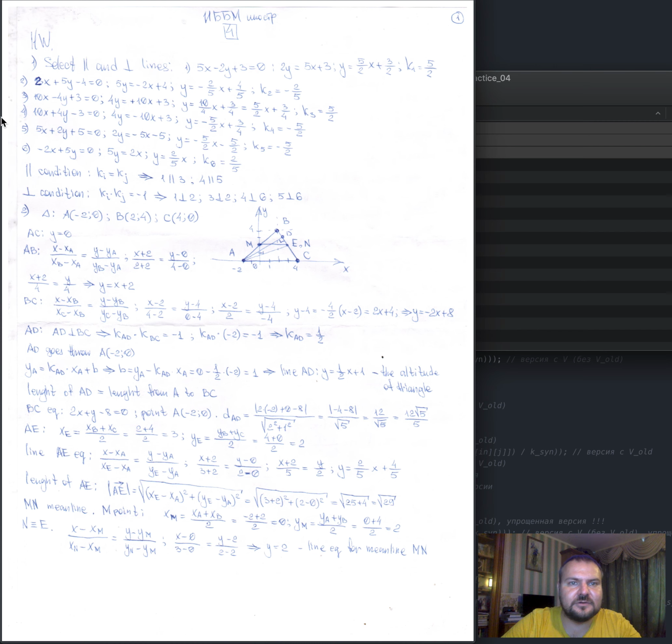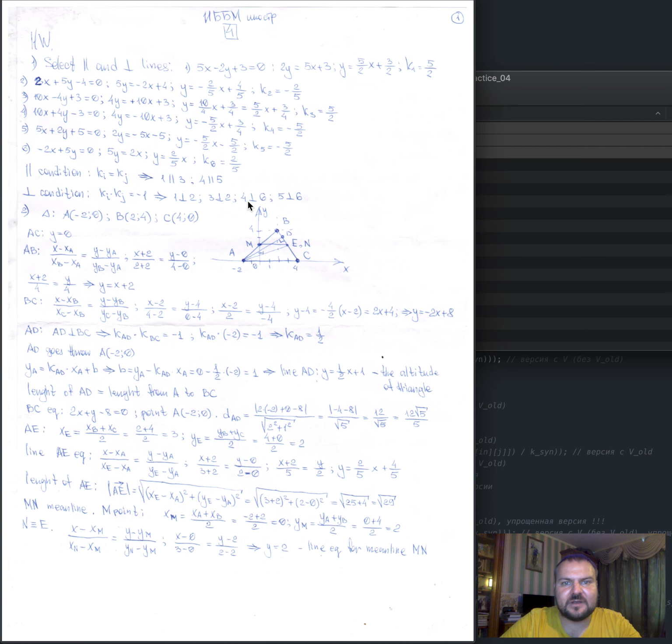Lines 3 and 2, as I found, 5 by 2 multiplied by minus 2 by 5 gives minus 1. So line 2 is perpendicular to line 3.